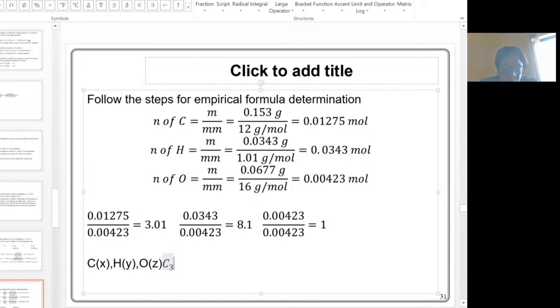Then hydrogen in this case is 8. And then oxygen in this case is 1. So you don't even indicate it, just leave it.